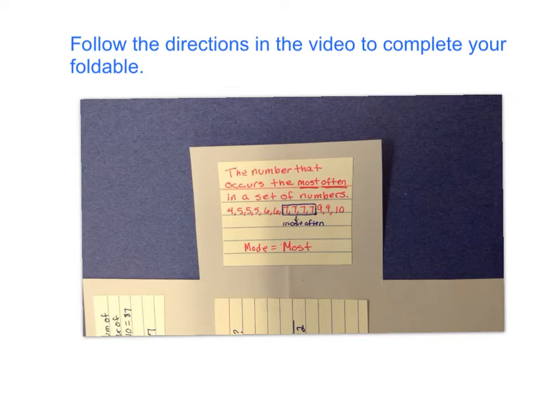So I've written our set of numbers again, and you should too. And the number that is there the most is 7. So remind yourself that the mode equals most. Be sure you copy everything that's on this little card and glue it to the right-hand flap.